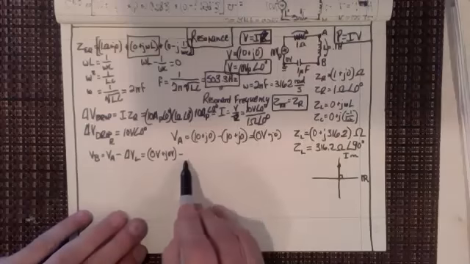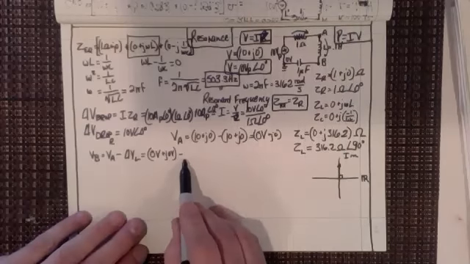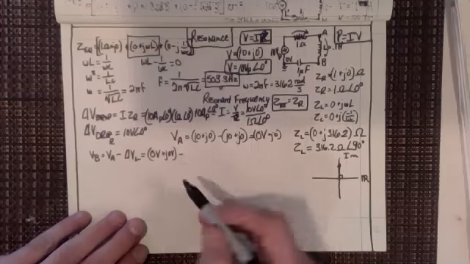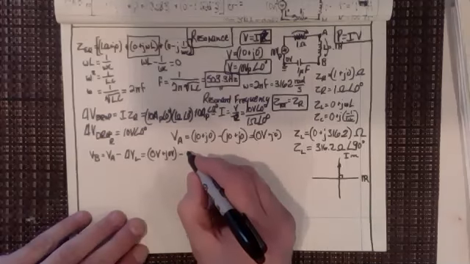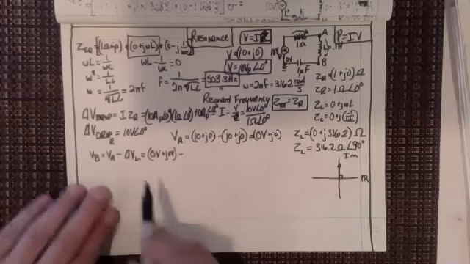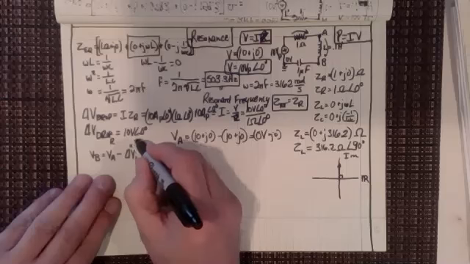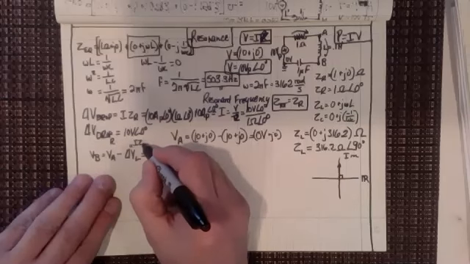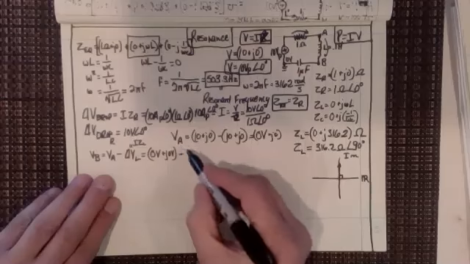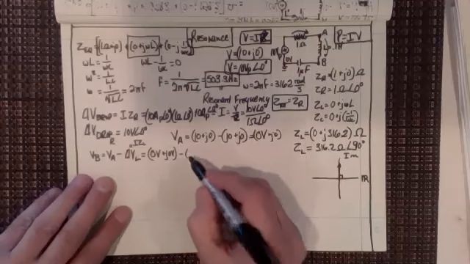And that is the voltage drop we've got to take into consideration. Now, we know what the current is, right? Because the voltage drop here is just going to be the current times the impedance of the inductor. So the current, we already know in phasor form.